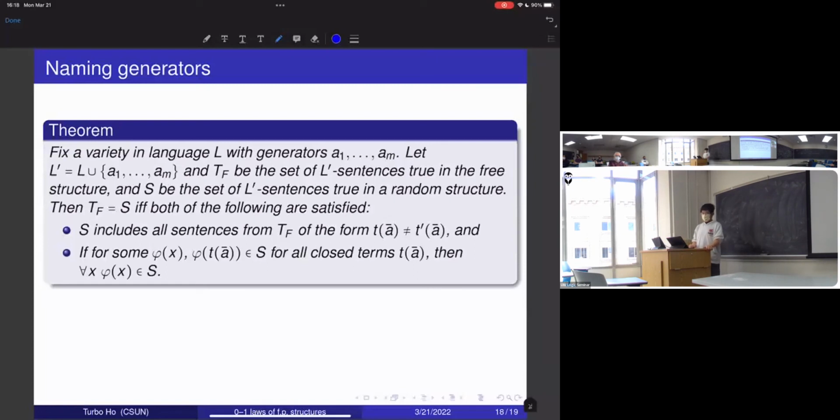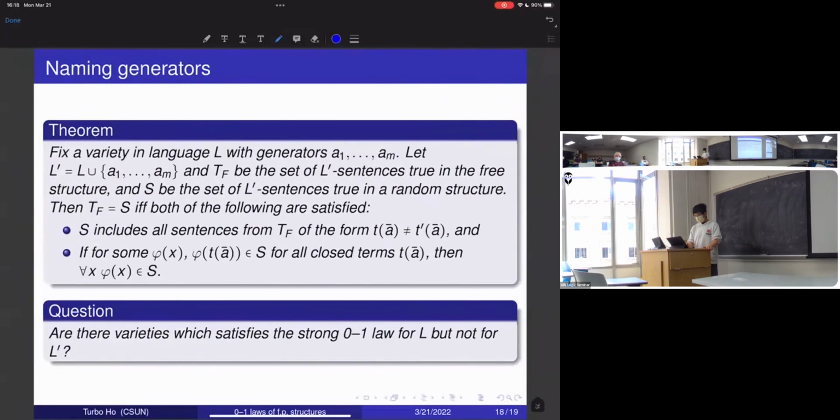What's interesting is we have examples where you have varieties satisfying the first condition but not the second. We also have an example where you have varieties satisfying the second condition but not the first. We actually do not have an example where naming the generators breaks the 0-1 law.